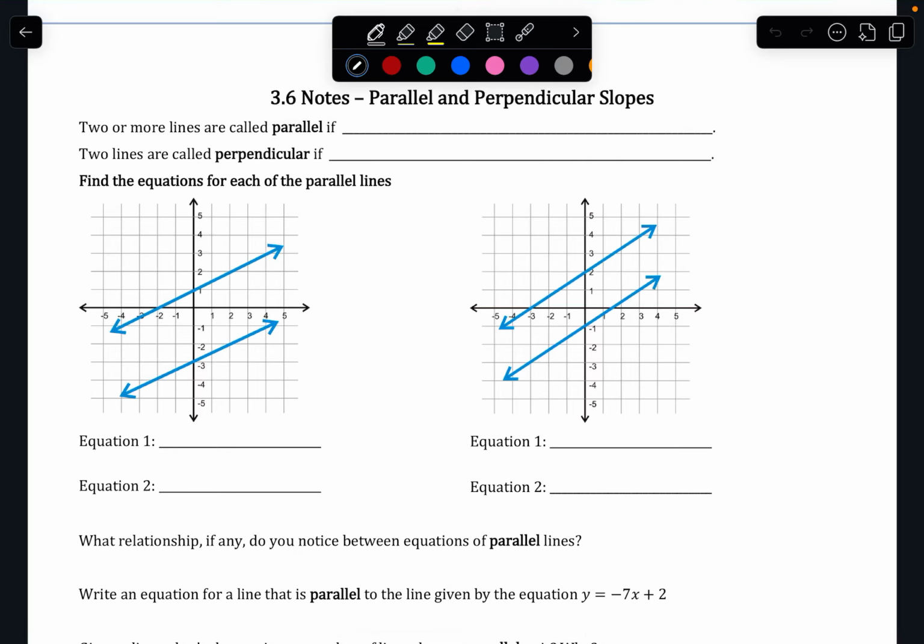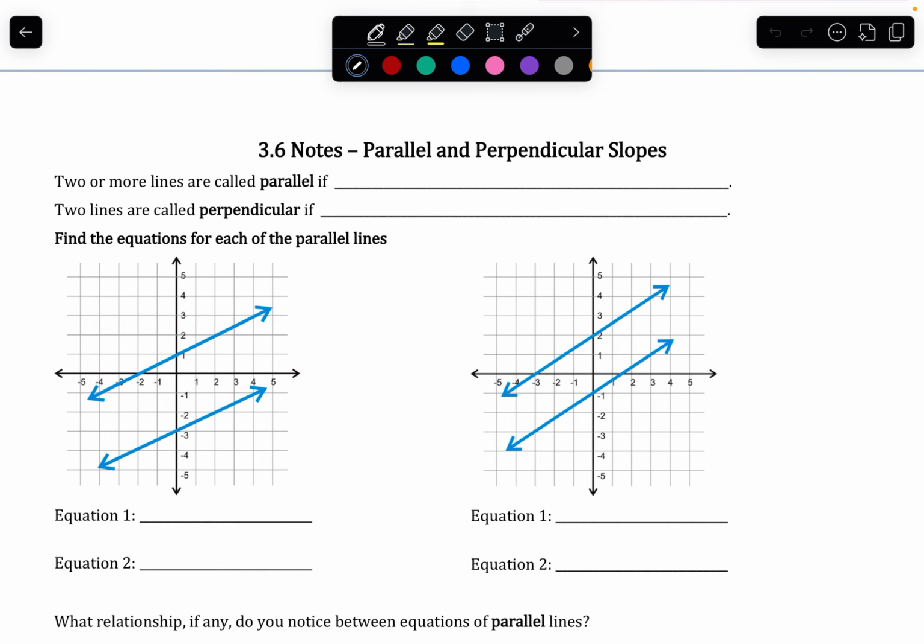All right, in this lesson, we are going to talk about parallel and perpendicular lines. Two or more lines are called parallel if they never intersect.